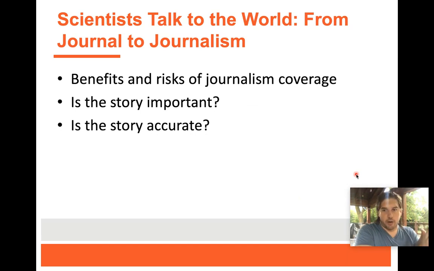Once work has been published in a scientific journal, it gets disseminated to scientists in that field. And the next step is journalism. So oftentimes a news reporter, right? So someone who works for CNN, NPR, BBC, CBS, that sort of thing.